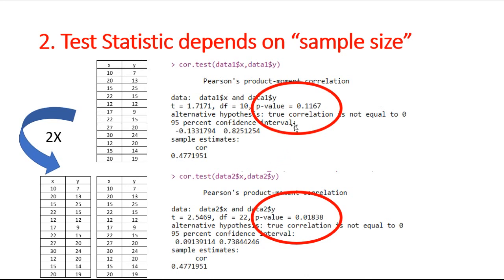But by p-value, we cannot say that there is a strong positive correlation considering the 5% significance level. But once I double the sample size, the Pearson correlation is the same as this one, but the p-value is less than 5%. So in this case, we can say that there is a significant correlation between the two variables.